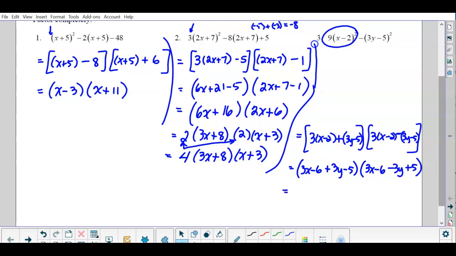And then there are some like terms to collect. So I'd put the x term, then the y term, then the constant. X term, then the y term, and then the constant. Okay. The only way to check these ones, where there's brackets with different variables, is to expand the original and expand your factors.